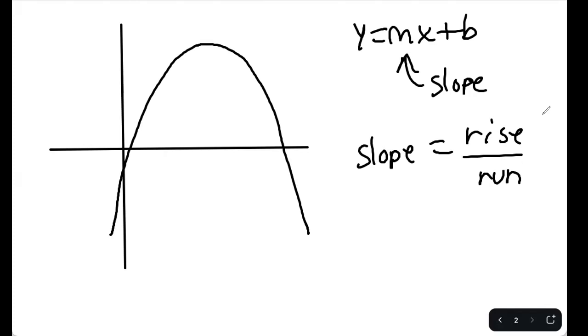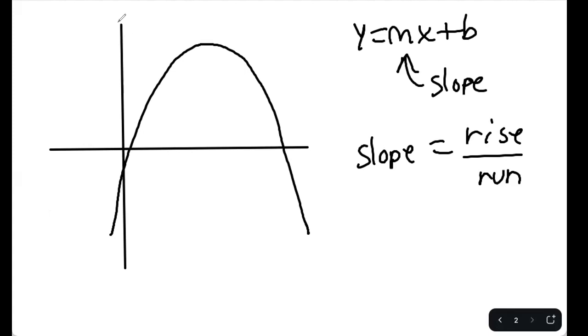Well, intuitively, you're already thinking about this in your day-to-day life, right? You already see hills. This is basically a hill, right? And you talk about what is the slope of a hill. You talk about how steep a hill is. So, for example, if I asked you, how steep is the hill here? You would probably say it looks pretty steep.